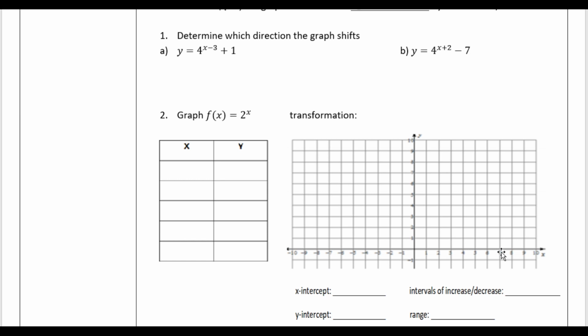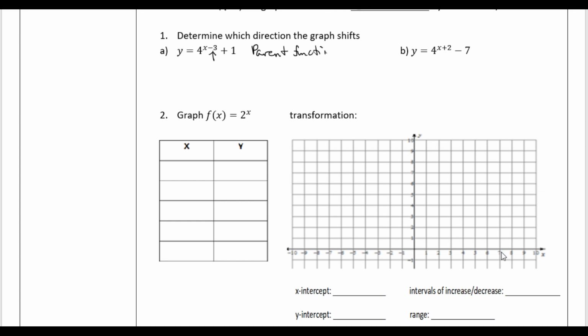So for number 1, we want to determine which direction it shifts. So basically, we're going to just explain what the transformations are. For this one, the base is 4, so that doesn't do anything to the graph. Let's write out the parent function so that we can review that.